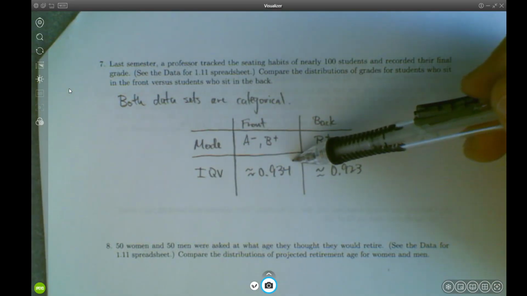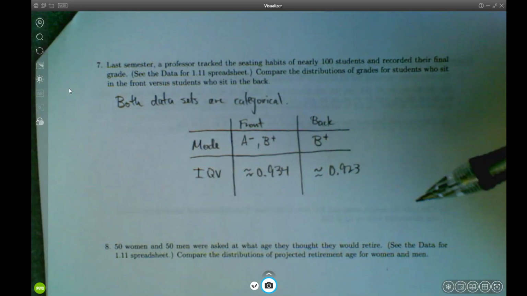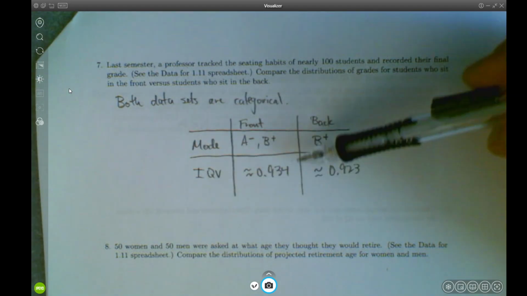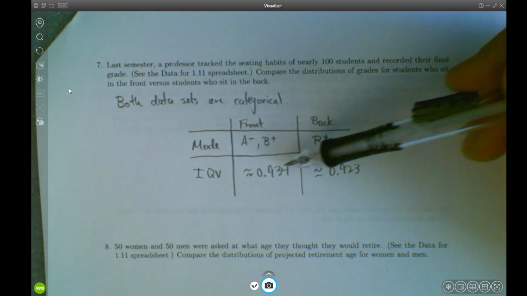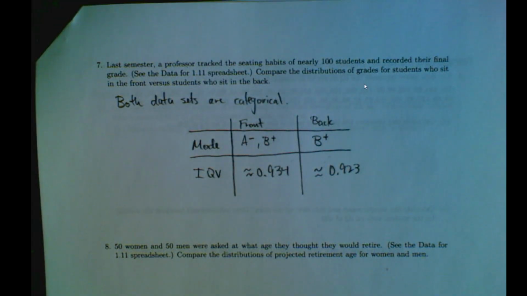There's also not that much of a difference in their spreads. There's a little bit more variety among people who sit in the front of the class, but it's not that much different.